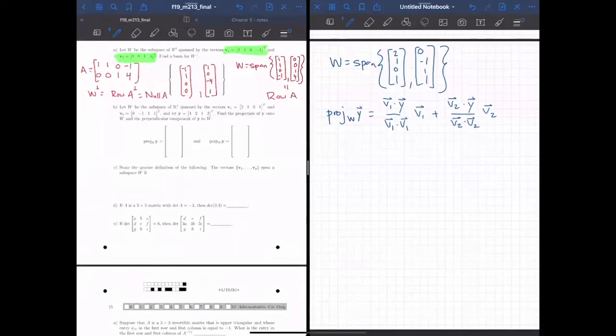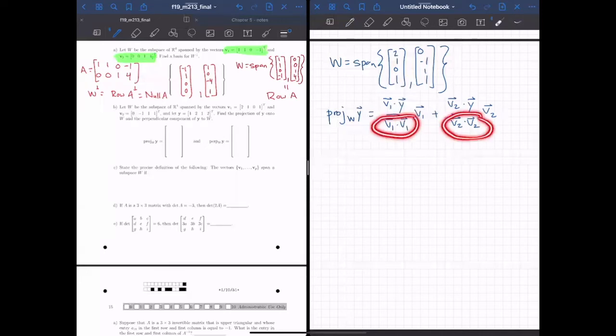Now there's one thing we need to check before we use this formula. Does anyone know what that is? You have to make sure the dot product of v1 with itself or v2 with itself isn't 0, so we're not dividing by 0.